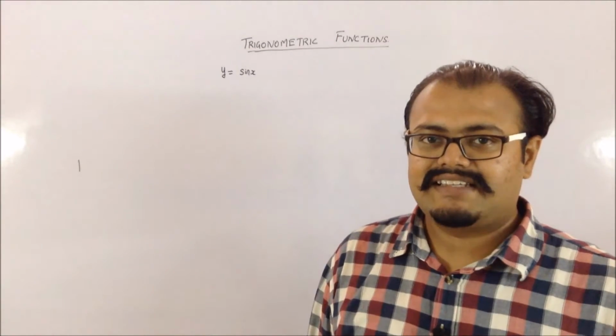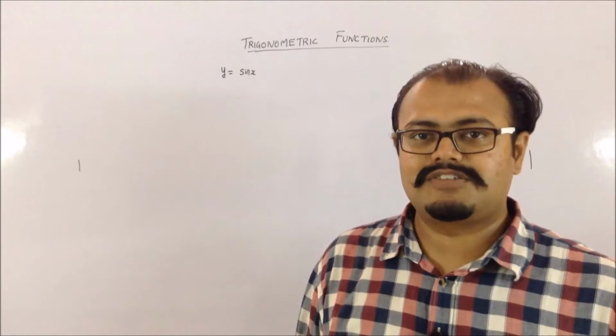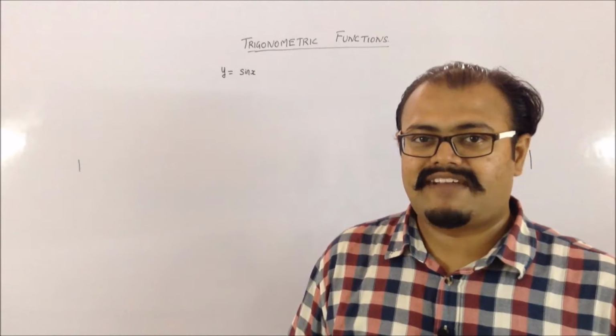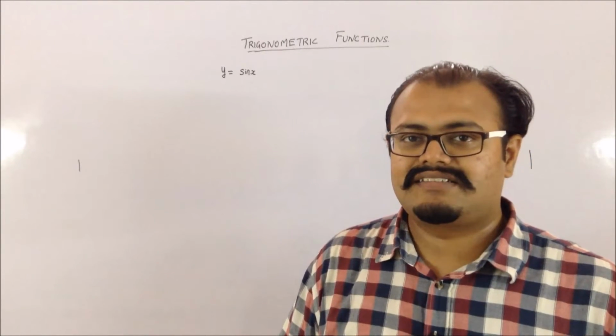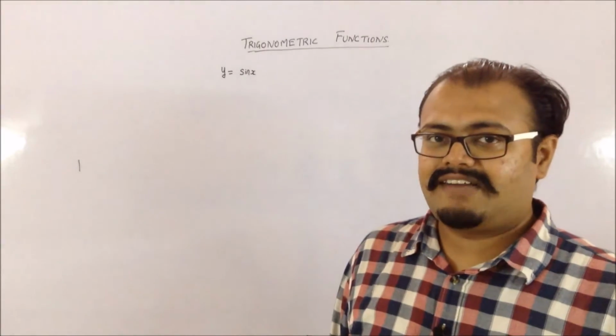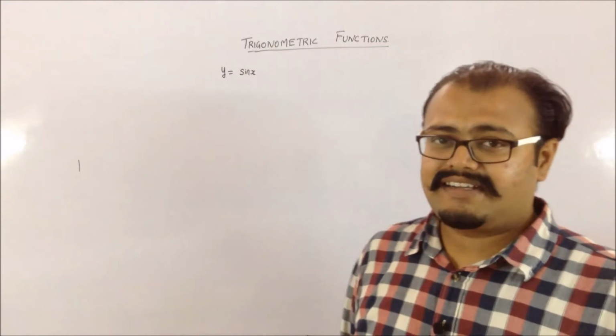As you can recollect, we had discussed the various trigonometric functions, their domain and range. Domain means the values which the function can take. So to draw this graph, I first have to understand what values my x can take.